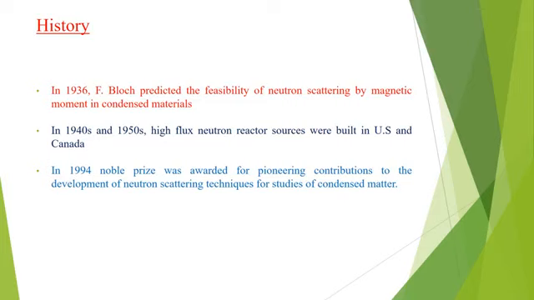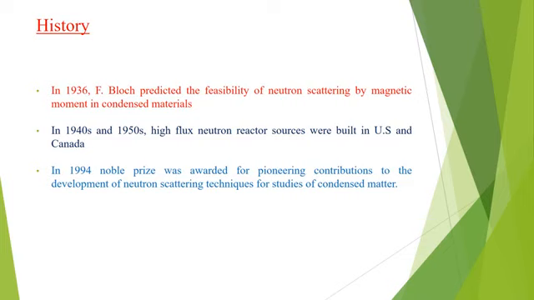In 1936, F. Bloch predicted the feasibility of neutron scattering by magnetic moment in condensed material, and then in the 1940s and 1950s, high flux neutron reactor sources were built in the US and Canada.